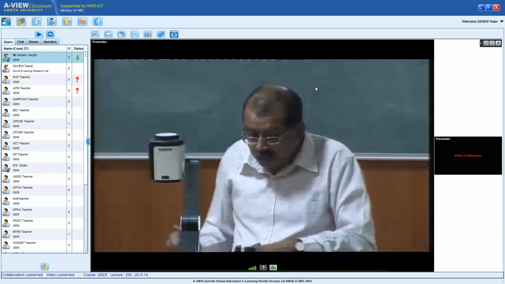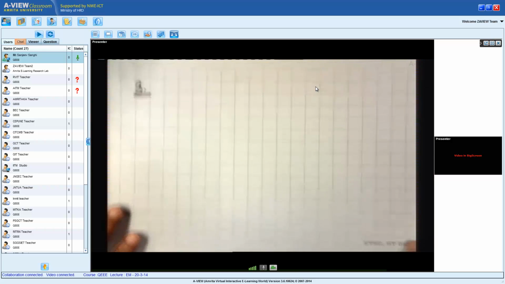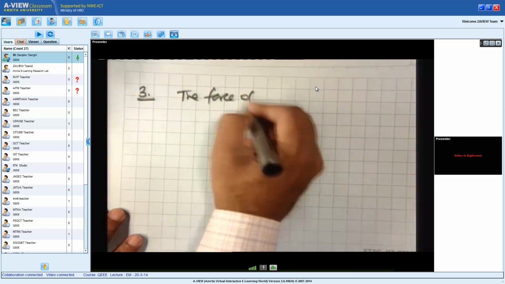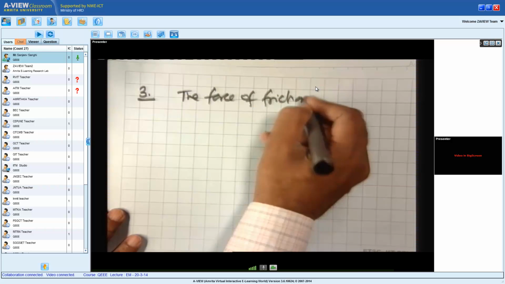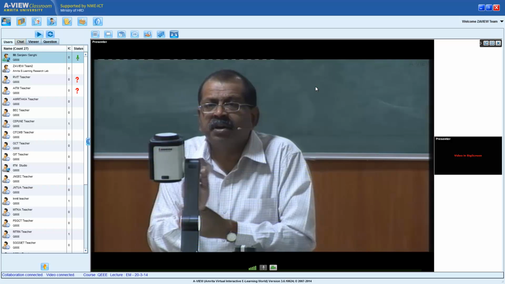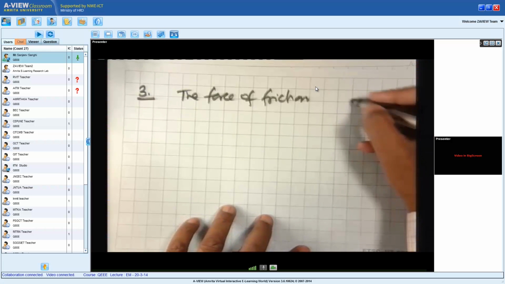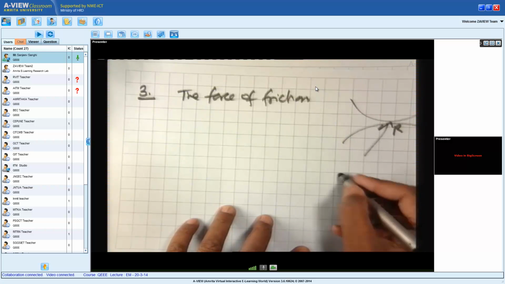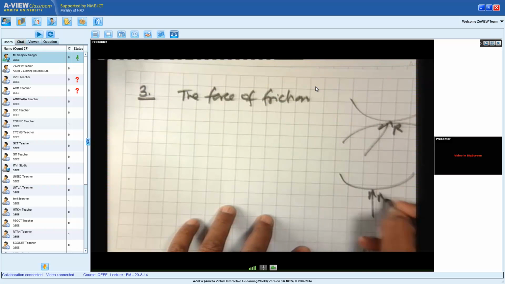So what this says is that the force of friction, which you can easily see at any contact, will divide the contact force R. This contact force R will be divided into two parts, a normal reaction and a friction force.